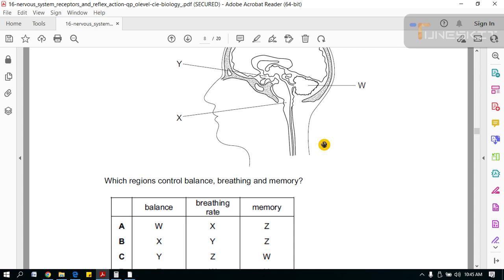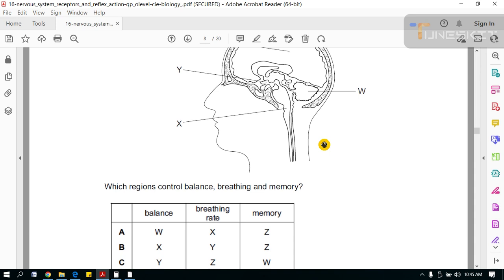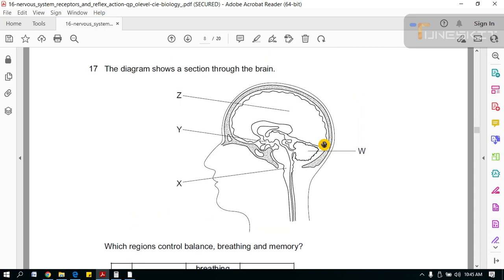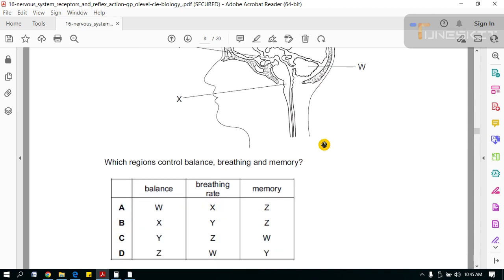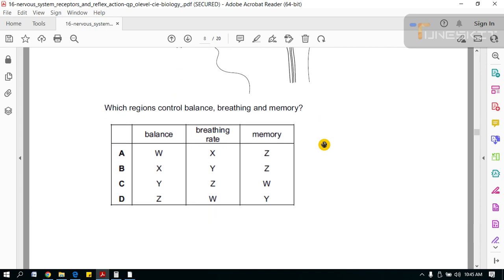The medulla oblongata is involved in breathing, so that is X. Memory is always controlled by the first part of the brain, the cerebrum, so Z. It means option A should be correct, because that is W, X, Z. So, option A is the correct answer.